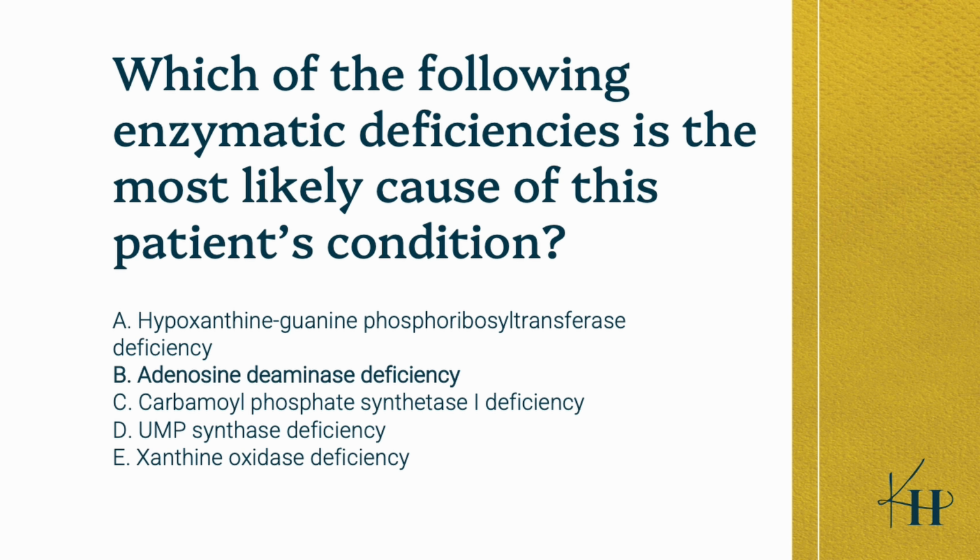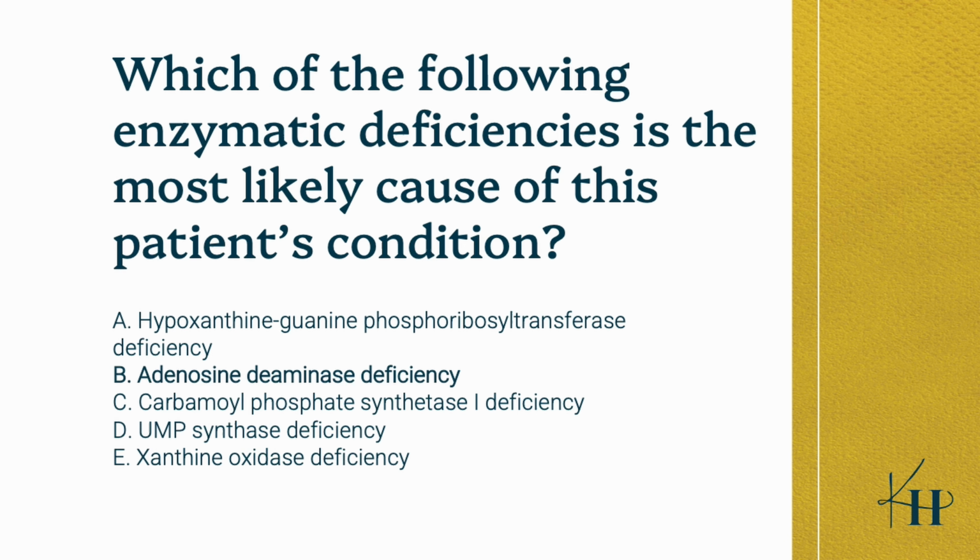Choice D, UMP synthase deficiency, which causes orotic aciduria and macrocytic anemia. No anemia, no elevated orotic acid, doesn't fit. And then choice E, xanthine oxidase deficiency. This does affect purine breakdown, but does not cause SCID. It can alter your uric acid levels, but it would not explain the profound lymphopenia and recurrent infections.